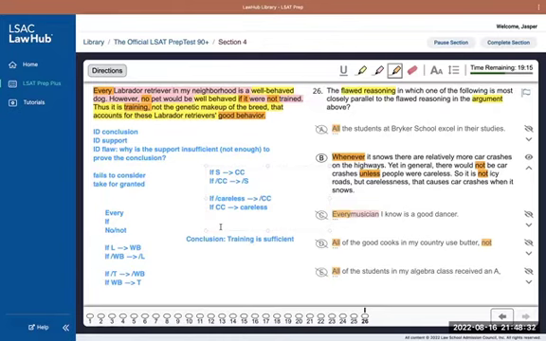And then their conclusion is that carelessness here, right, is the cause of car crashes. So if people are careless, then that's enough to cause car crashes. We don't also need icy roads, right?